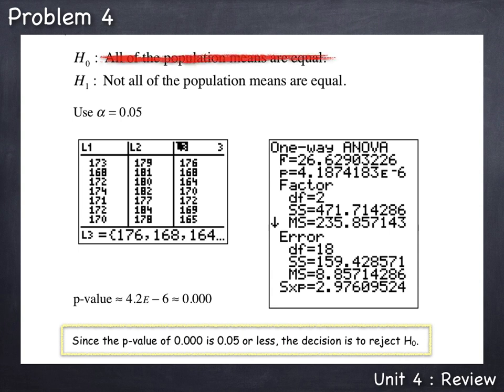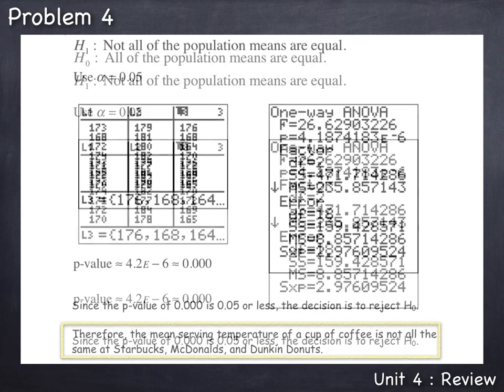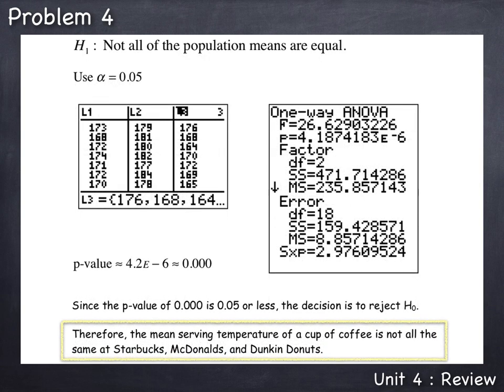And when H0 is rejected, H1 is supported. Therefore, H1 is our valid answer. That is, not all the population means are equal. So now we're ready to answer the question. Therefore, the mean serving temperature of a cup of coffee is not all the same at Starbucks, McDonald's, and Dunkin' Donuts.